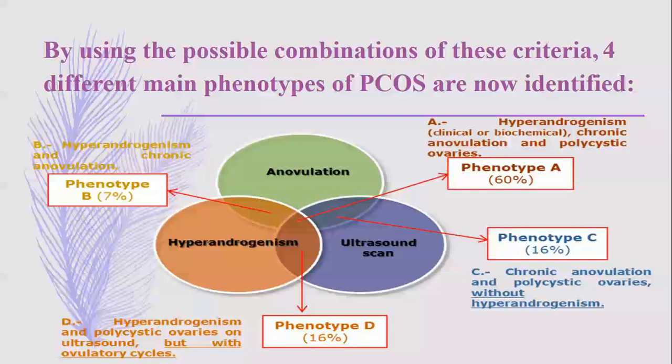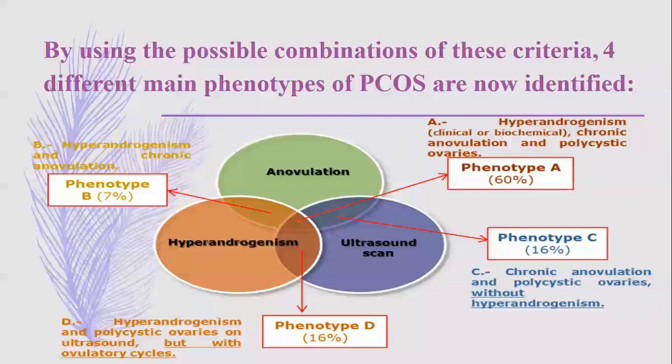Anovulation means that the patient presents to the outpatient clinic complaining of either amenorrhea or oligomenorrhea. Ultrasound means the patient has a picture by ultrasound suggestive of polycystic ovary disease.